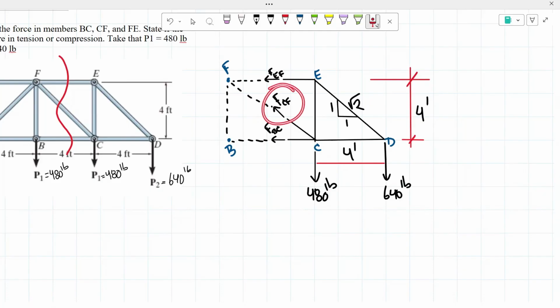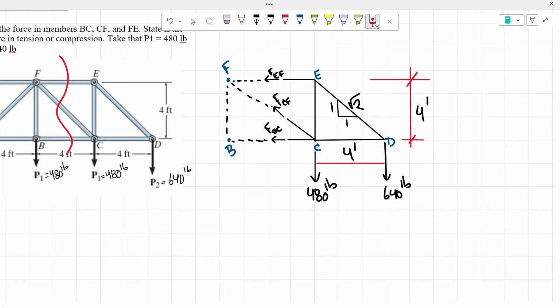Since the force of the bar CF is at an angle, we know that it has a vertical and horizontal component to it, and those components, since it has them right here, will also not be creating a moment.